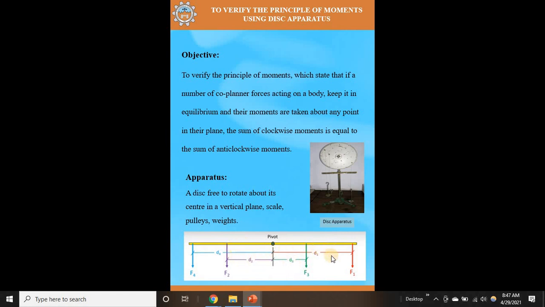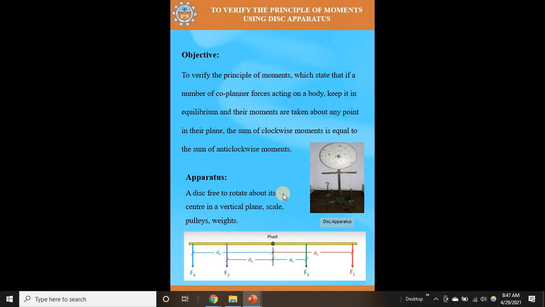So the moment at the right side should be equal to the moment at the left side. F1 and F3 are causing clockwise moment, and the forces F2 and F4 are causing anti-clockwise moment. So the sum of clockwise moments should be equal to the sum of anti-clockwise moments.